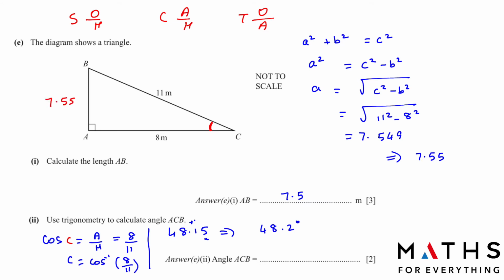The answer in the mark scheme is wrong. It's been given 43.3, but whether I use cos or I use tan, opposite over adjacent, this is the answer we are getting.